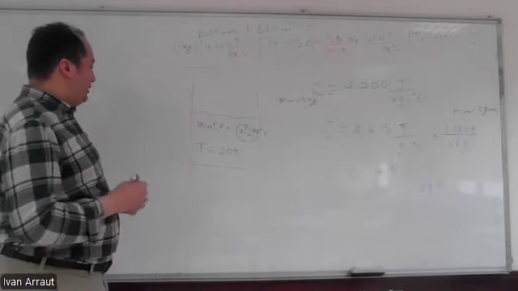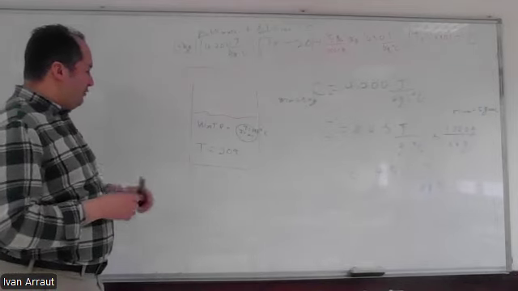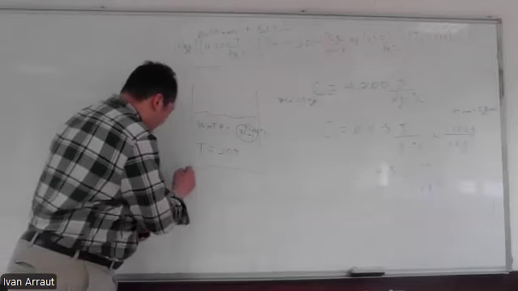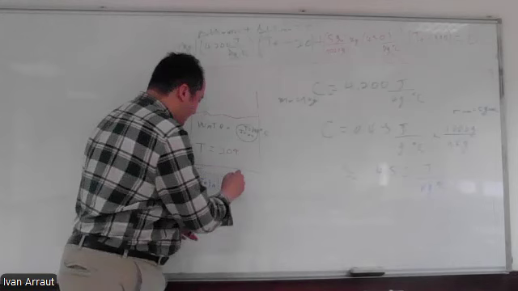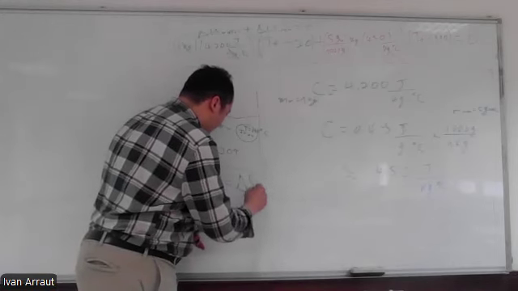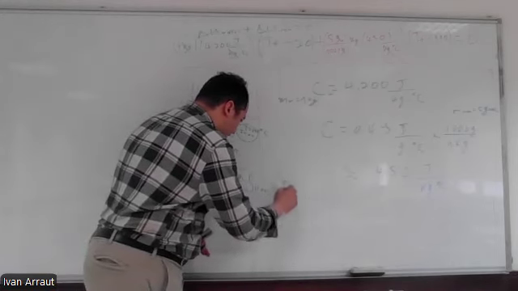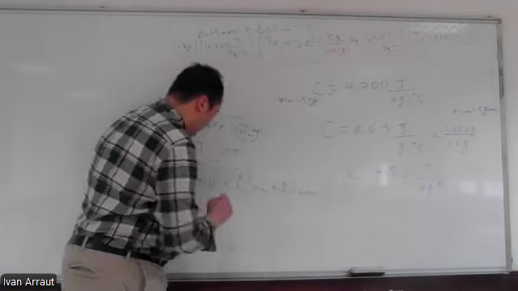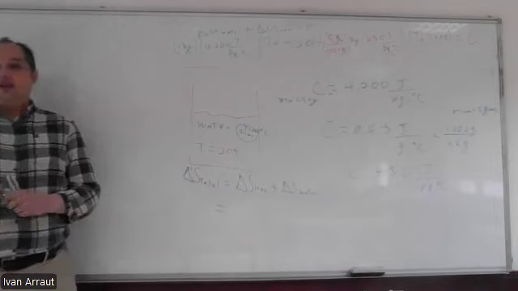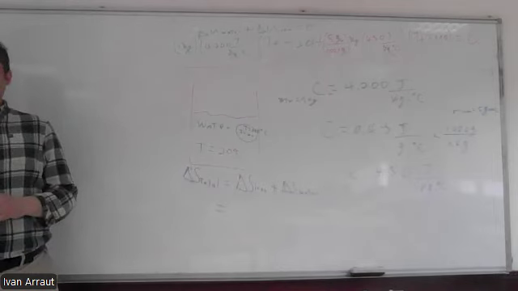Then let's put it this way. The change of entropy, total change of entropy is the change of entropy of the iron plus the change of entropy of the water. Right?